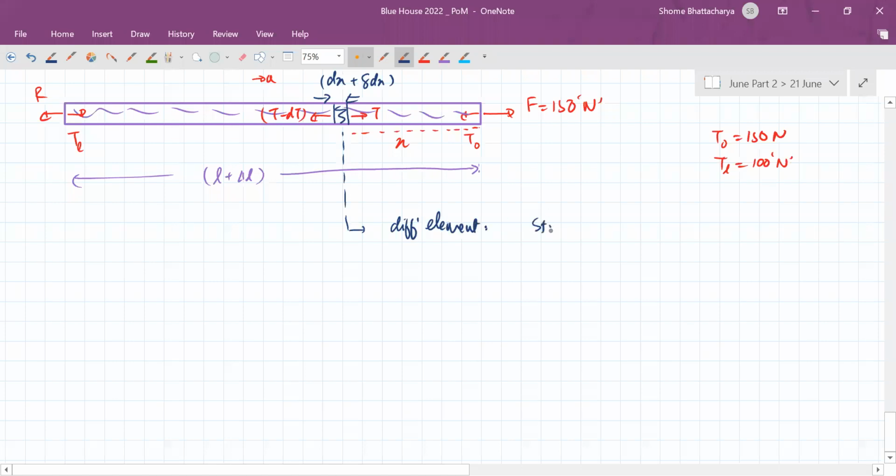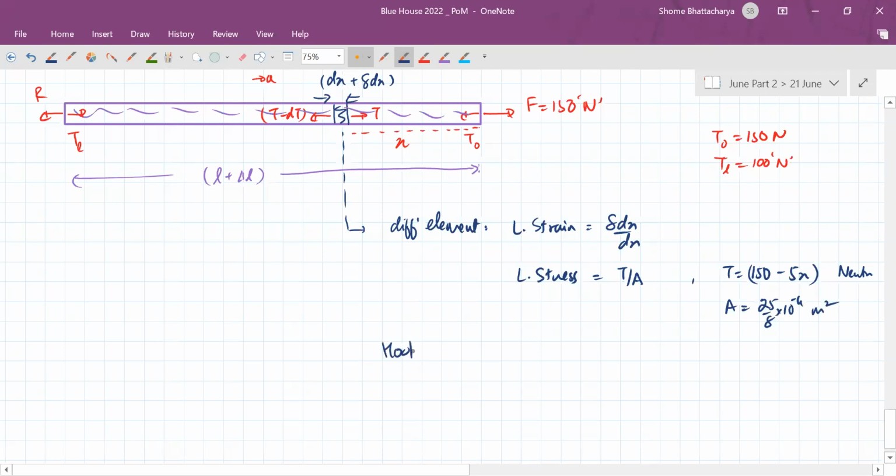For this differential element, the longitudinal strain is delta of dx divided by dx, and the longitudinal stress is T by A, where T we have seen is that quantity, in newtons, x is in meters, and A is this much in meters squared.